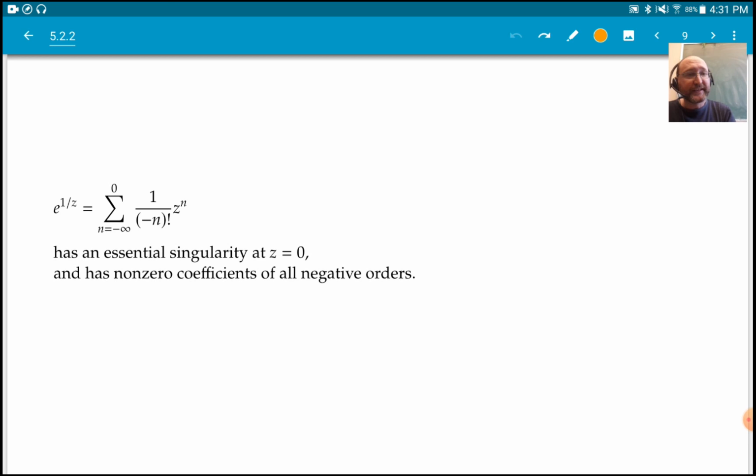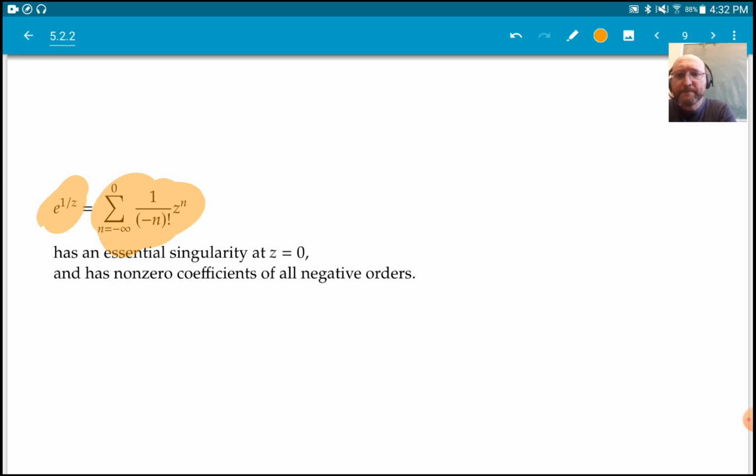Finally, another example, an essential singularity. What if I stick in all the negative terms? Let's look at e to the 1 over z. I just plug that in, and I get this Laurent series, and that is an essential singularity at z equals 0.